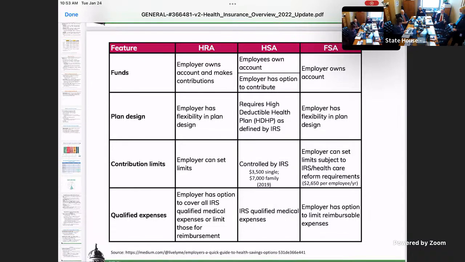And it's complicated because we don't actually know how many people are in each of these accounts. We can see there are fewer people buying gold plans than there used to be. But is it that employers are pulling back, saying times are tough and we want to reduce what we pay, or that we're paying just as much, just doing it differently? We don't know the answer to that.